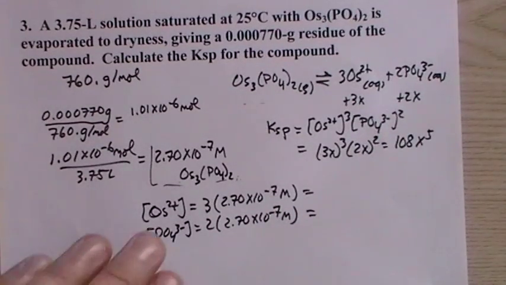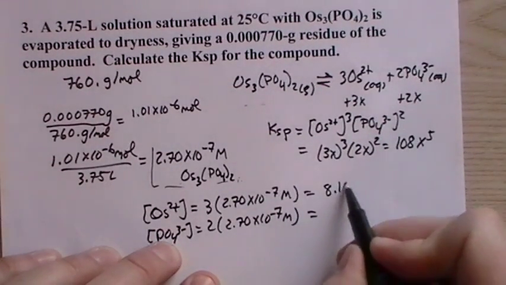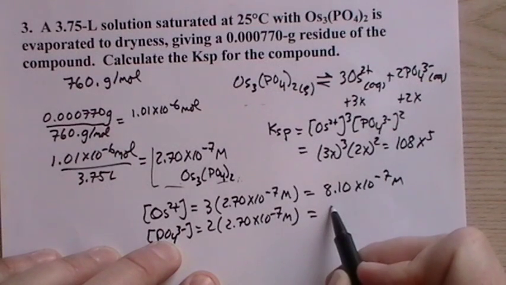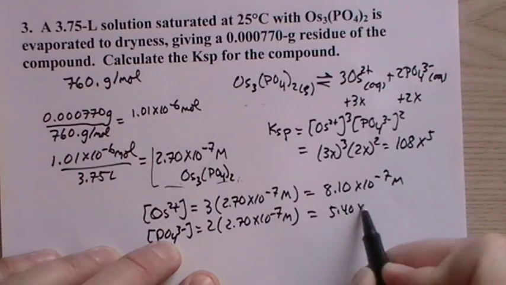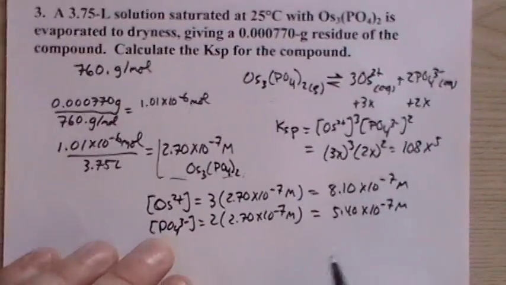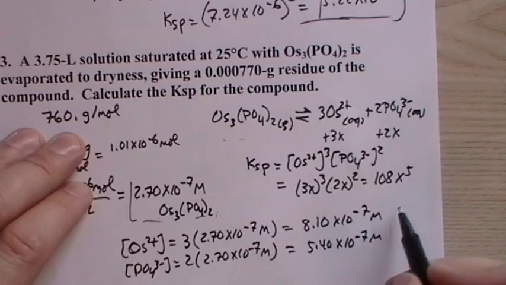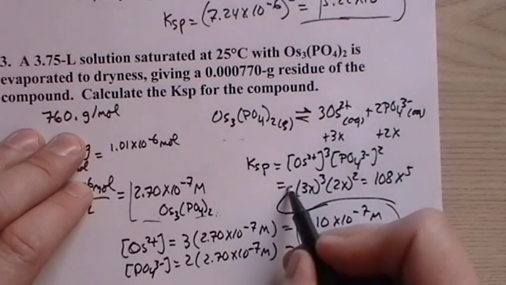And this comes up to be 8.1 times 10 to the minus 7 molar, and this comes up to be 5.4 times 10 to the minus 7 molar. Now we have the concentrations of the osmium and the phosphate, and they go right in here.